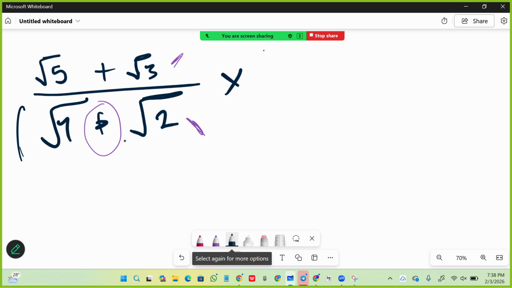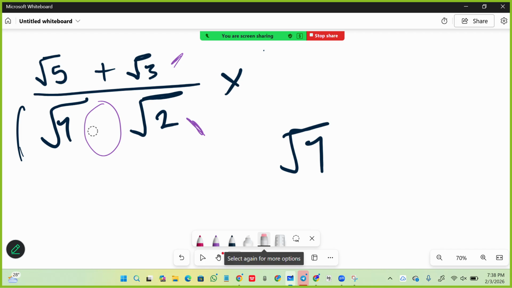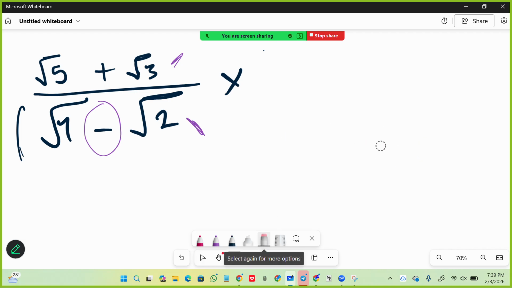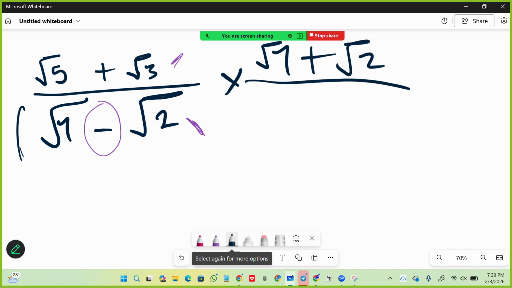So the conjugate will be root 7 plus root 2, since there is a minus here. Now this root 7 plus root 2 is what we are going to use to multiply the top, root 7 plus root 2, and the bottom, root 7 plus root 2.